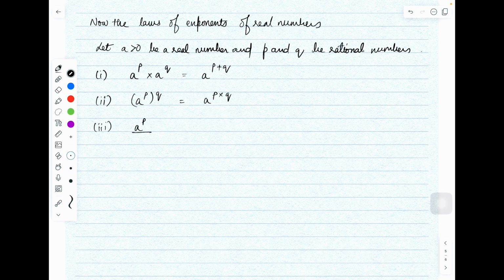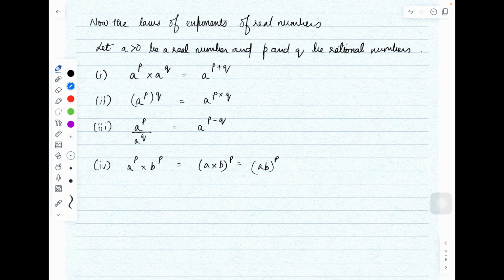If the base is the same and they are divided, the exponents get subtracted. And the fourth: here the exponent remains the same but the base is different, so we multiply the base itself: a to the power p into b to the power p equals ab to the power p.